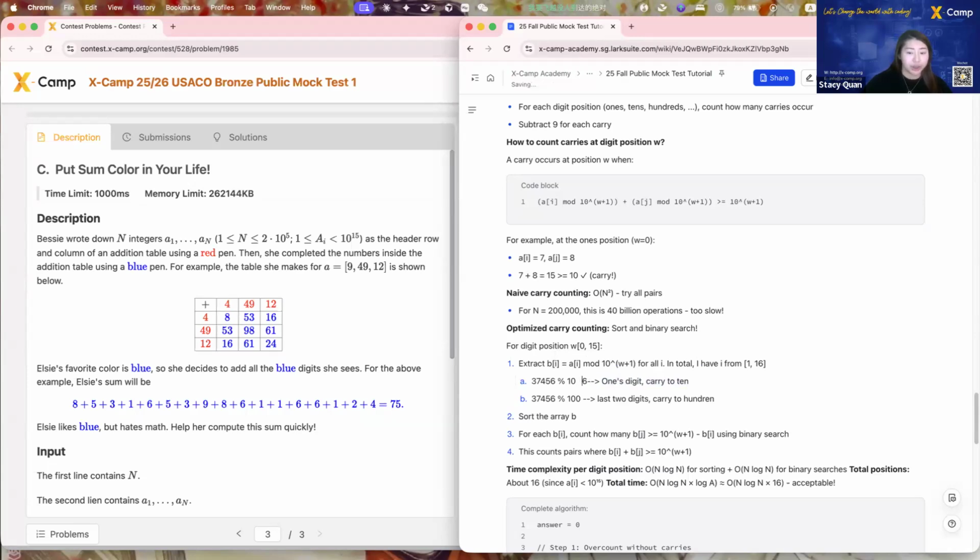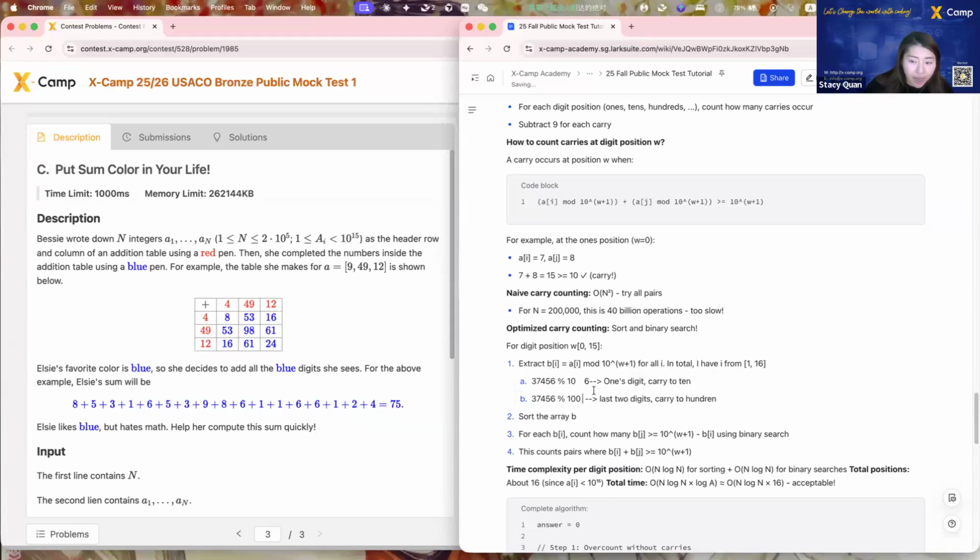To get the last two digits, I would take mod 100, which gives me 56. With the last two digits, I can look for the complementary partners that can incur a carry to the hundreds.